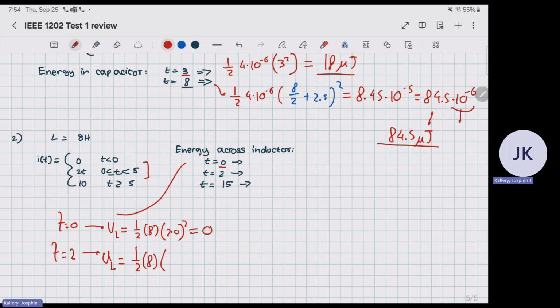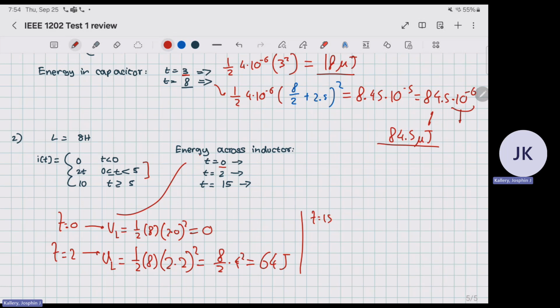So we need to return 2 times our t value. Our t is also 2. And then we square it. So this turns out to 8 over 2 times 4 squared. And let me just check. 8 over 2 times 4 squared. That should be 64 joules.